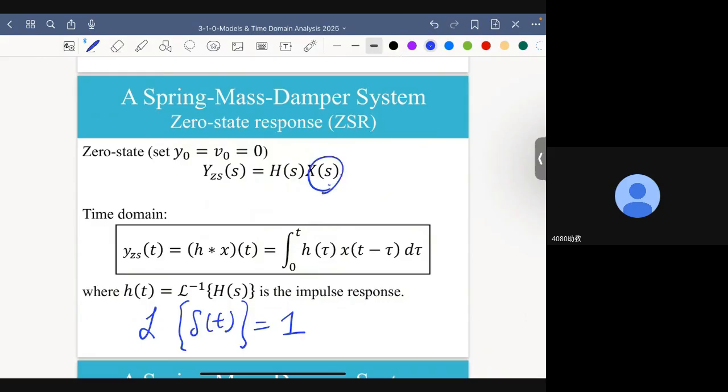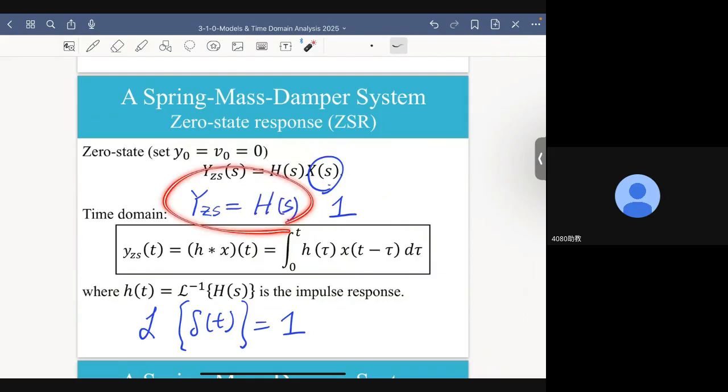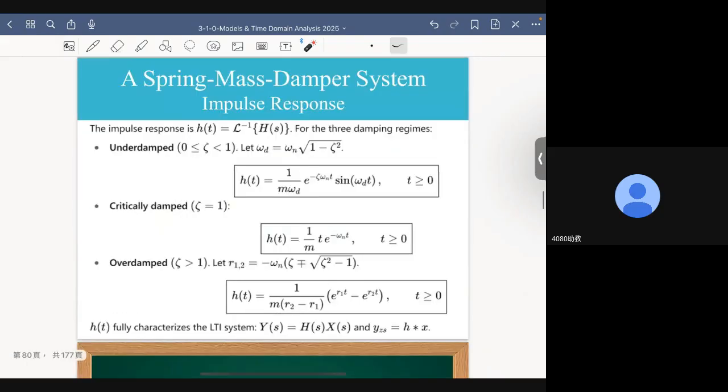And if this is 1, then yzs is equal to h of t. But remember, this is true only when the input is a delta function or impulse function, all right? So if I take the inverse Laplace transform of the transfer function, I'll get the impulse response.